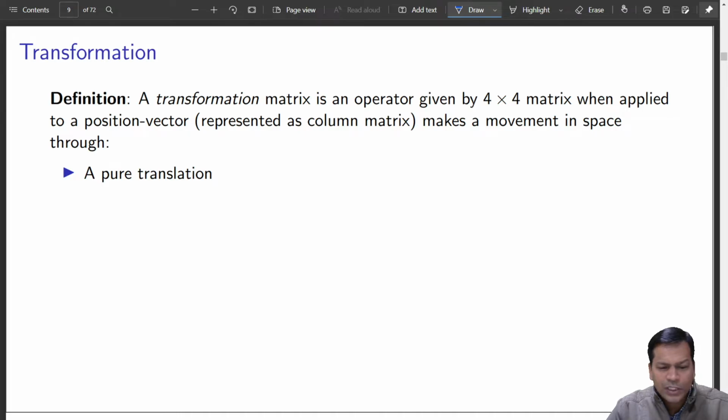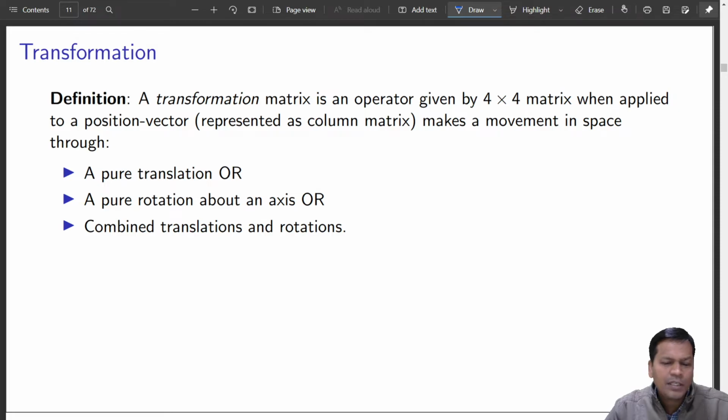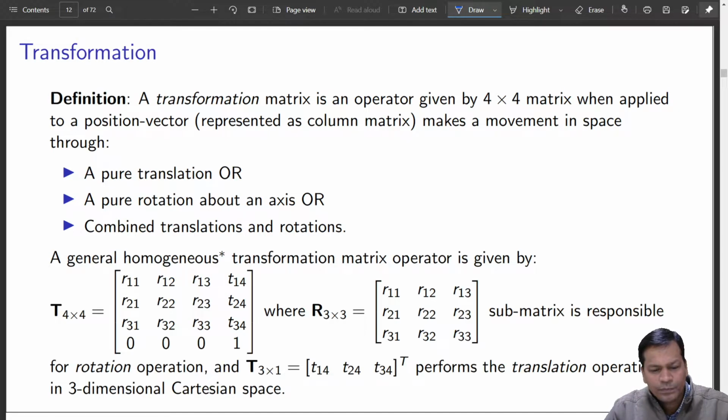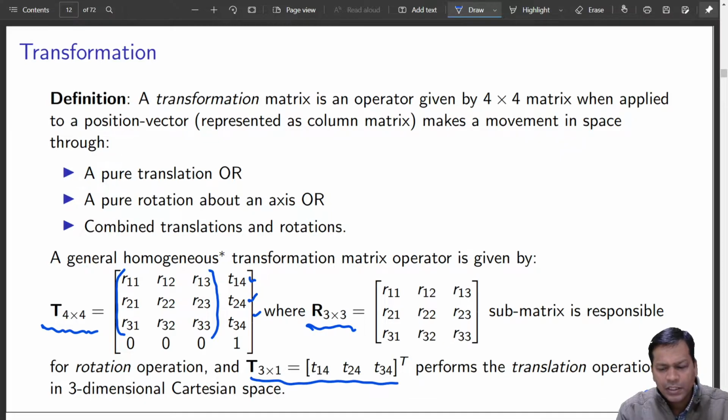It can be a pure translation, a pure rotation about an axis, or a combined translation and rotation. Overall, the transformation matrix is given as a combination of rotation: the rotation matrix R, a 3 cross 3 submatrix responsible for the rotation operation, and the last three elements that perform the translation operation in three-dimensional Cartesian space.